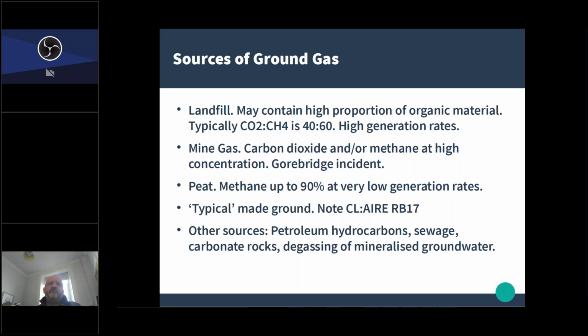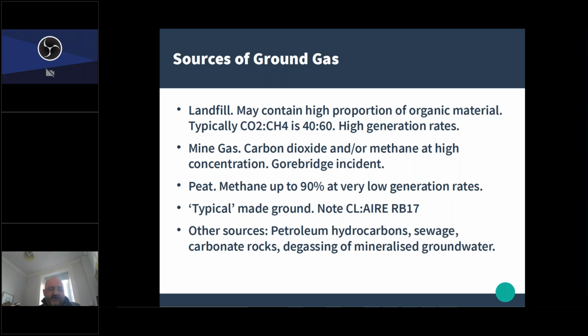And if we're struggling to get our CSM together, if we don't really understand where the gas is coming from, these kinds of analysis can sometimes be useful. It can also be useful to take a bulk gas sample, a Tedlar bag sample, at least if it's a relatively risky site, just to check against what you're getting in your monitoring instrument.